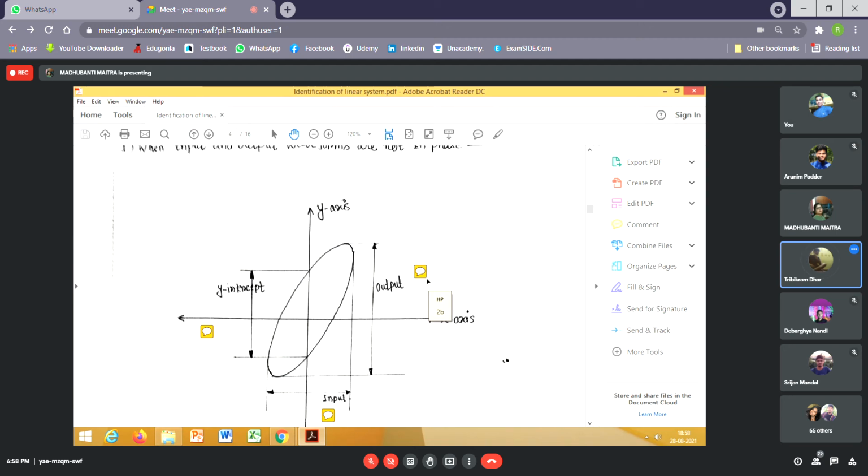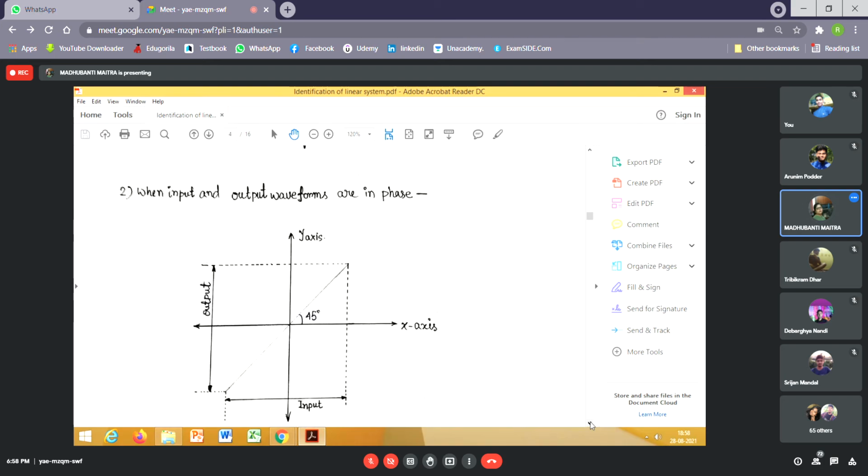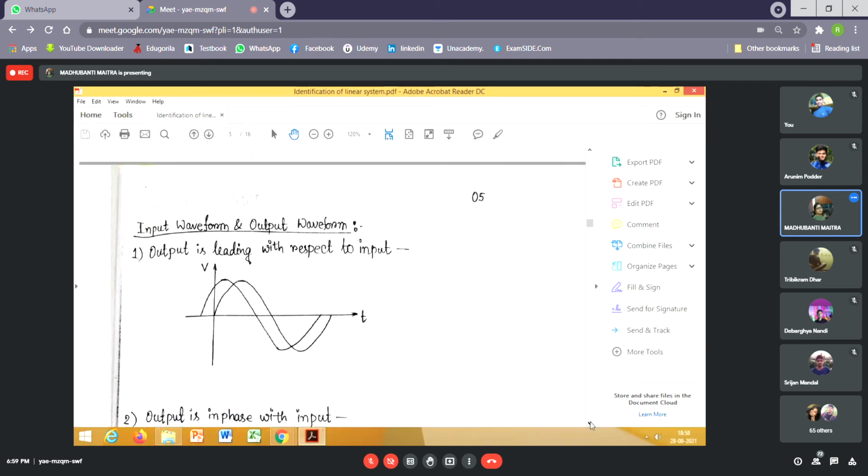Yes, ma'am. Also, let me show you another diagram, then I'll go back to that particular table. Now, if we switch the oscilloscope from XY mode to AC mode, right? So we'll get two waveforms.